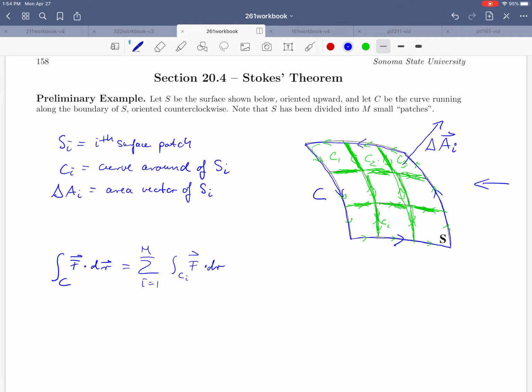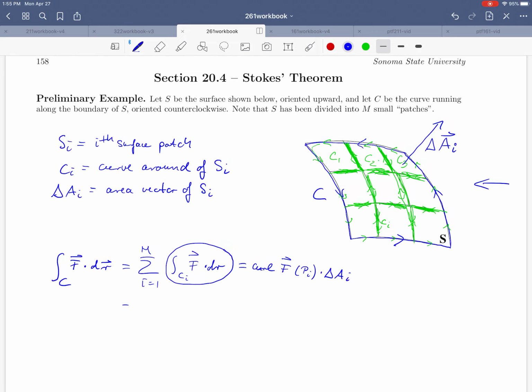Okay, now what are we doing with this? Well, actually, it can be shown that this line integral on the ith patch is equal to the curl of vector field F at some sample point p_i on the ith little surface patch, dotted with the area vector.